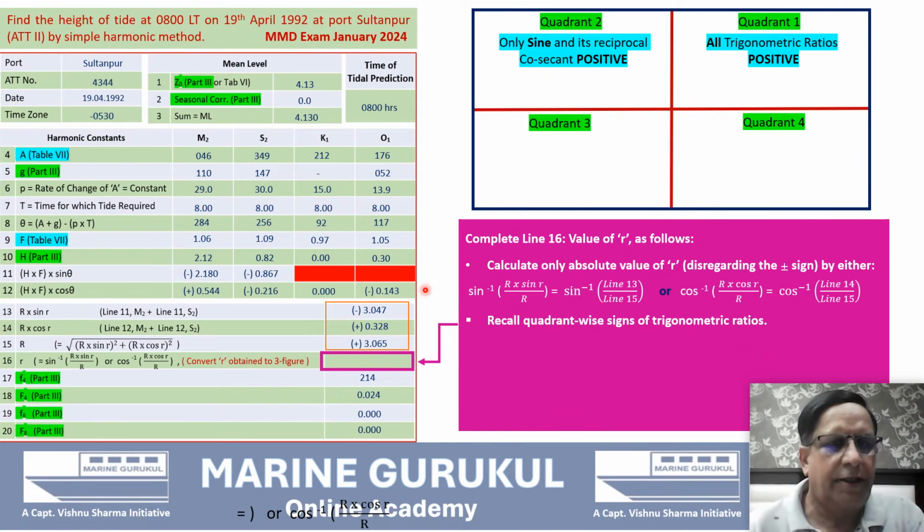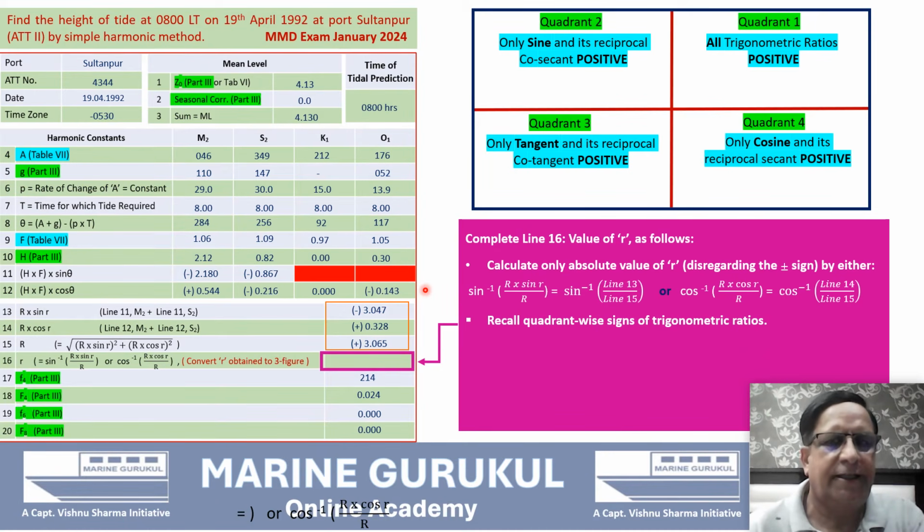In quadrant 3, the tangent and its reciprocal cotangent are positive, rest all are negative. And in the fourth quadrant, cosine and secant are positive, rest all are negative. I'm sure you remember that in quadrant 1 all, in 2 sine, in 3 tangent, in 4 cosine: all, sine, tan, cos.